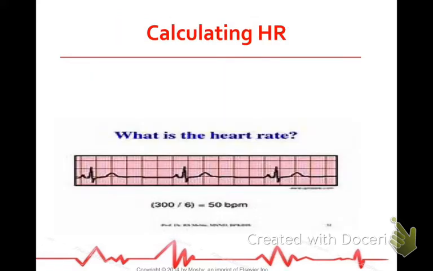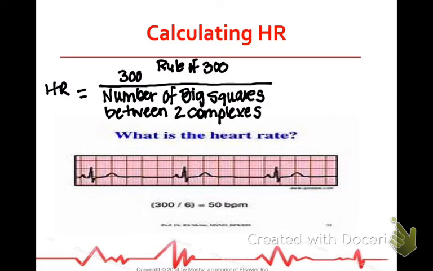Alright, so let's calculate the heart rate. What is the heart rate when we talk about rule of 300? It's in your book. Rule of 300 is basically your heart rate equals 300 over the number of big squares between two complexes. Now this is a way to calculate heart rate if you have a regular rhythm. If it's irregular, it's not so accurate.